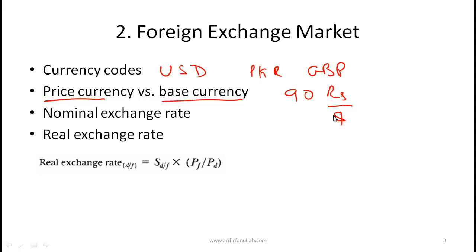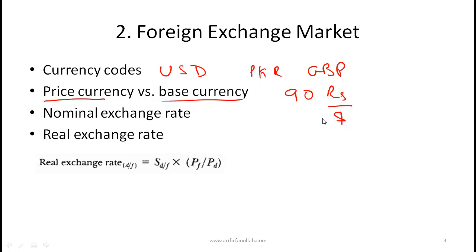Now how do you figure out which is the base currency? The base currency is the currency that is being quoted. So in 90 rupees per dollar, you are giving the price of $1. So whichever currency is 1 unit, which currency is 1 unit? The dollar is 1 unit. So that is the base currency. Okay, so it is the dollar.